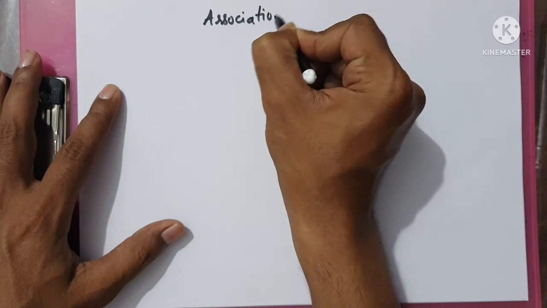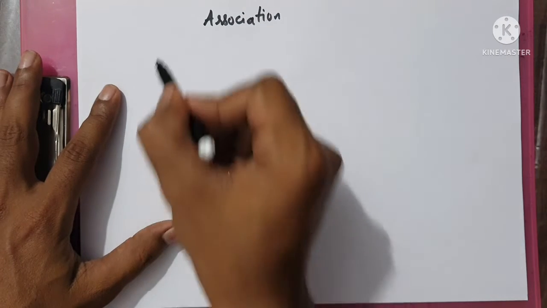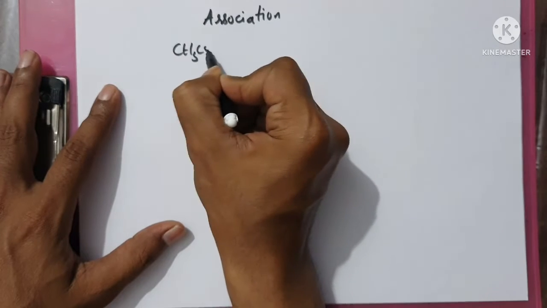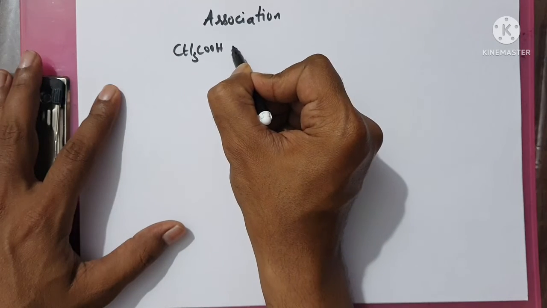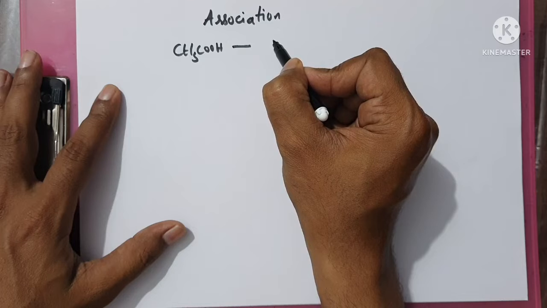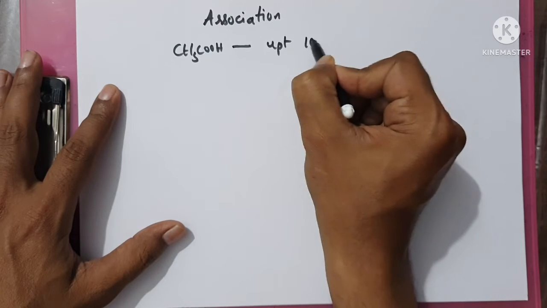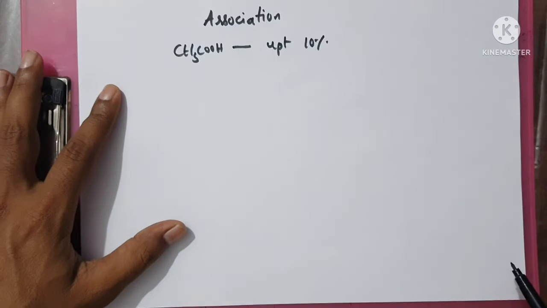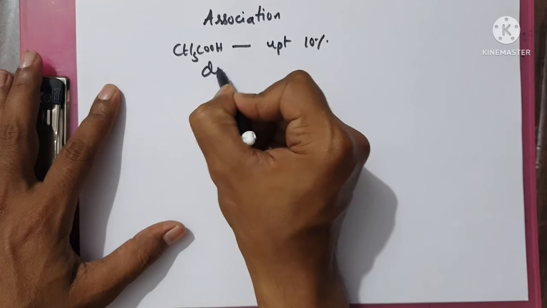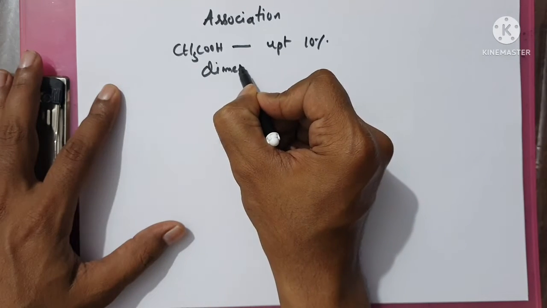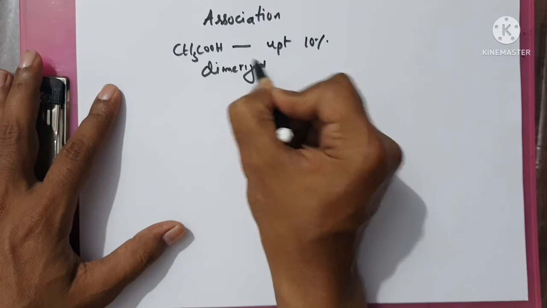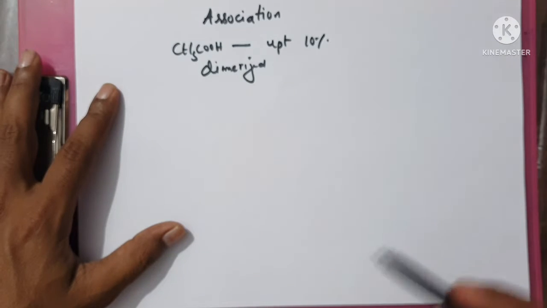In case of association, if you take an example of acetic acid which is going to be dimerized in benzene up to 10%, it is dimerized up to 10%. The meaning of dimerized is nothing but it is getting associated.